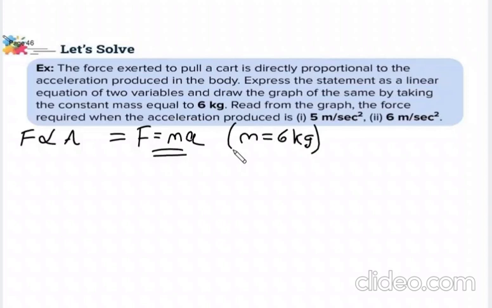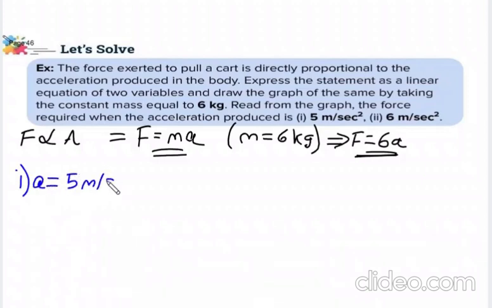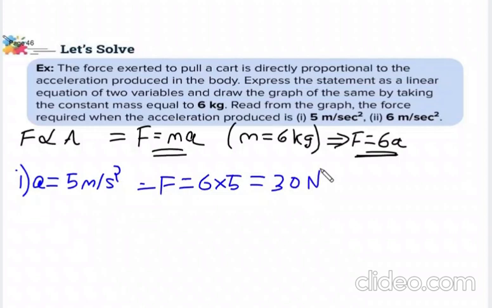Now first case, what will be my force? Force will be nothing but mass into acceleration, that is 6, and acceleration we do not know. So F equals 6a is what I'm getting now. Taking the first one, if a equals 5 meter per second square, from equation 1 force will be 6 multiplied by 5, that is 30 Newton.